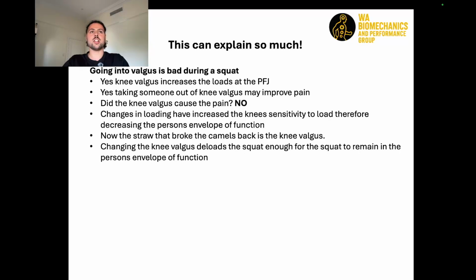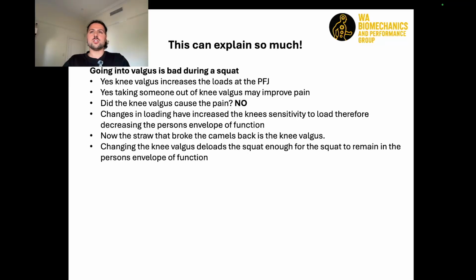So maybe again, that person has accumulated too much load and now their load tolerance has dropped, the envelope of function may have dropped, and now the knee is more sensitive to load, therefore decreasing the person's envelope of function. And now the knee valgus is just the straw that's breaking the camel's back, okay? When you now change the knee valgus, you're deloading the squat enough for the squat to remain maybe in the person's envelope of function now, okay?